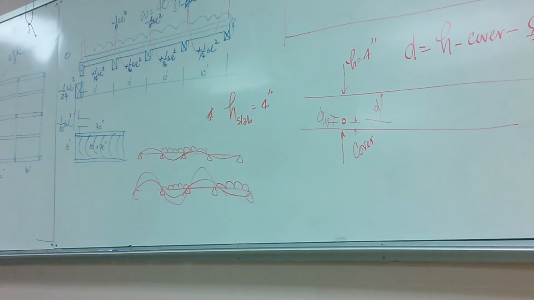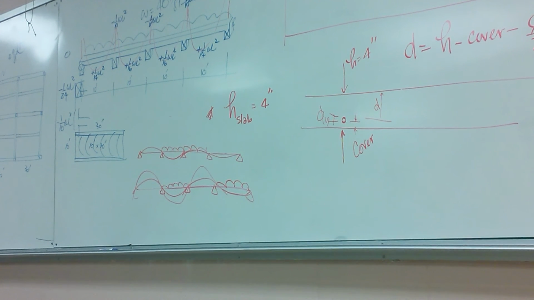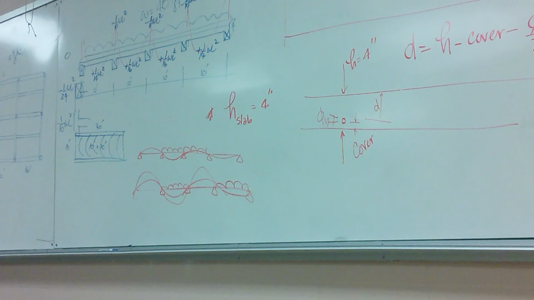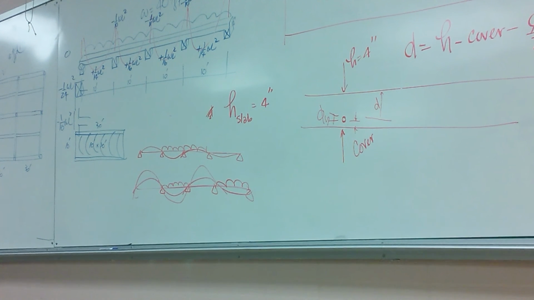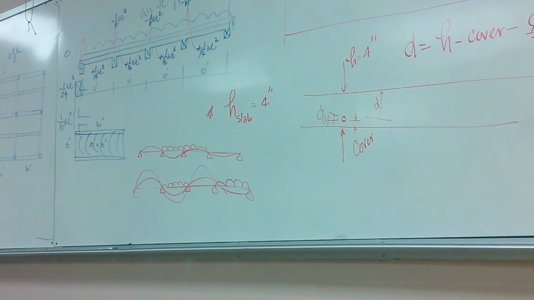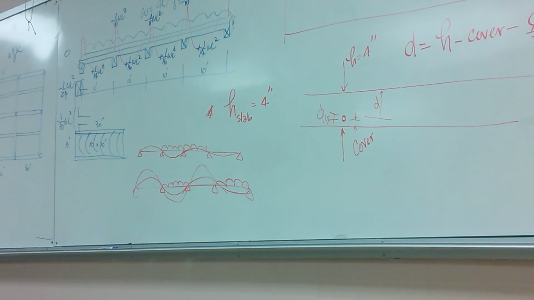Let's say from the calculation you need about As equal to 0.2 square inch per 1 foot width of slab. So what do you use? If you use a number 3 bar, the top number is the area of steel per 1 foot width.